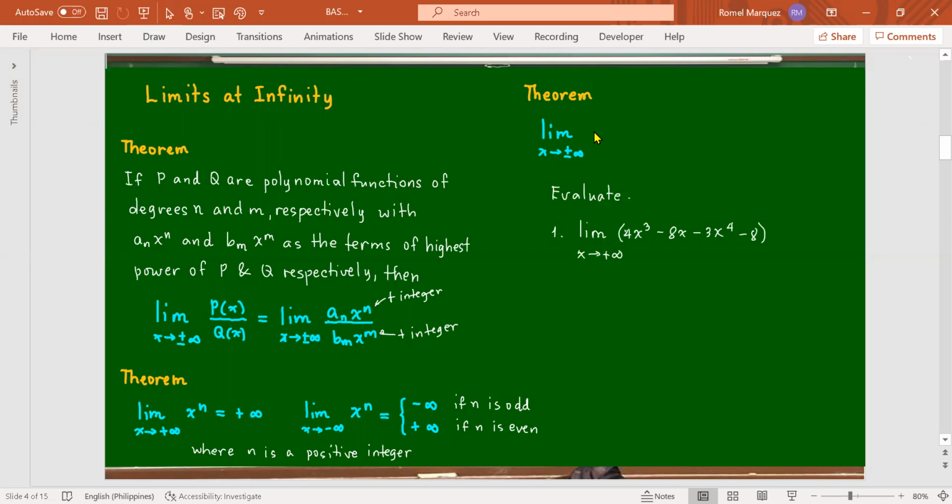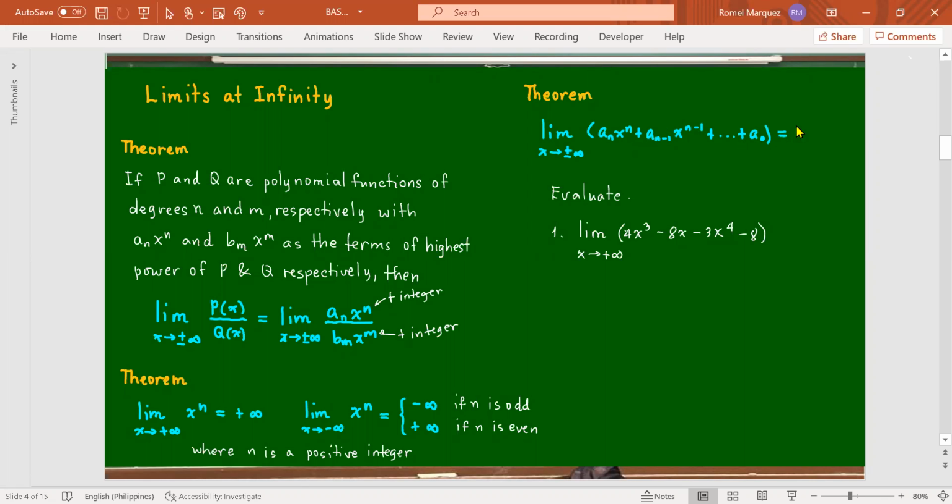So let's say I have a polynomial of the form a sub n x to the n plus a sub n minus 1 x to the n minus 1 plus dot dot dot all the way to the constant.